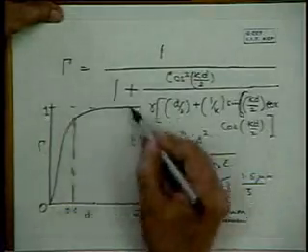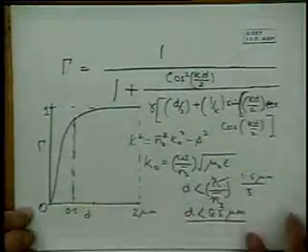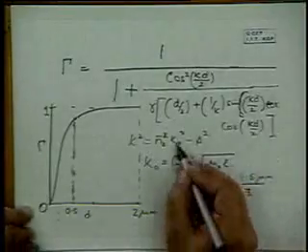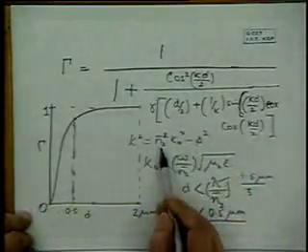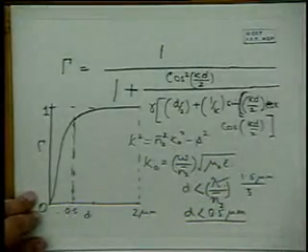Now I have drawn one particular curve, for certain values of n1 and n2. Why does confinement occur?